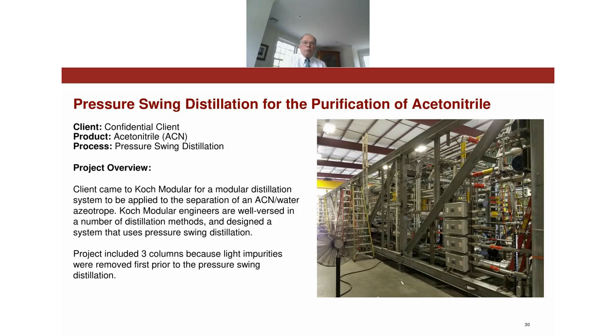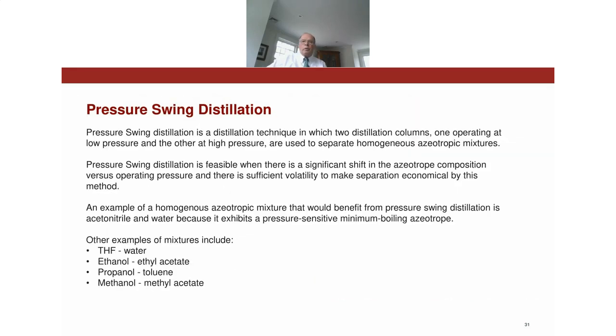The first column was relatively straightforward. It was there to remove lower boiling impurities, impurities that were lower boiling than the acetonitrile. And then we used the next columns to recover and dry the acetonitrile.